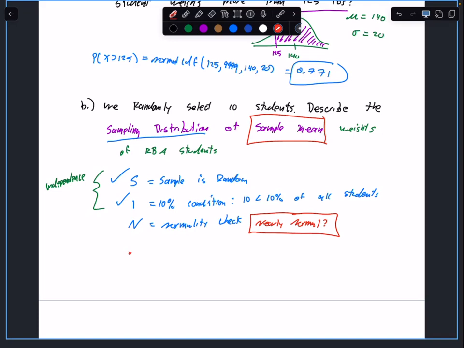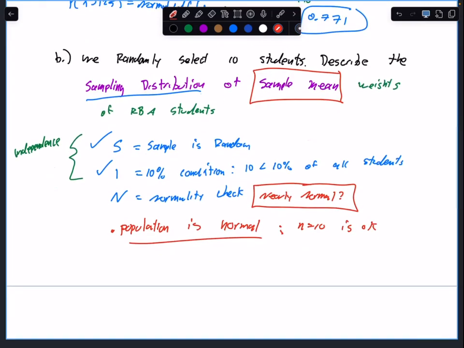Because the population is normal, n equals 10 is okay. Remember, every time we take a larger sample size, as we increase the sample from 1 to 2 to 3 to 4, the sampling distribution becomes more normal than the population distribution was.